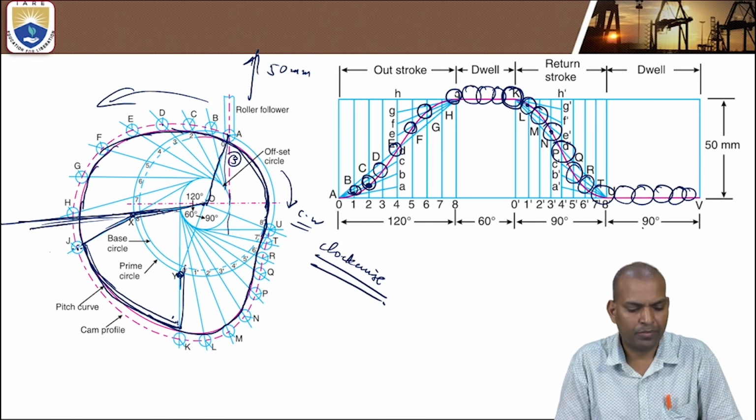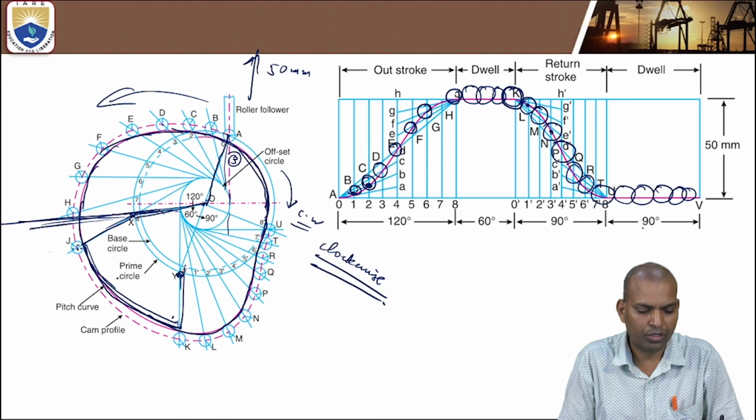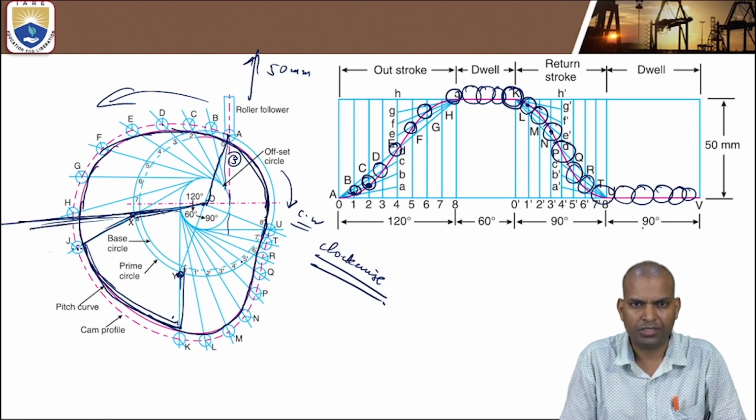That's why this is the problem of an offset roller follower with uniform acceleration and retardation, offset by 20 millimeters.